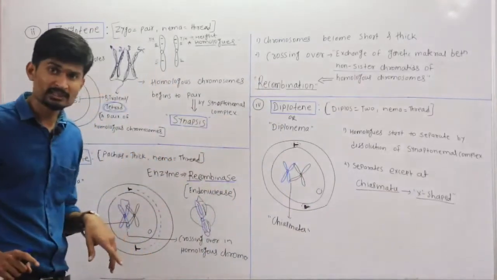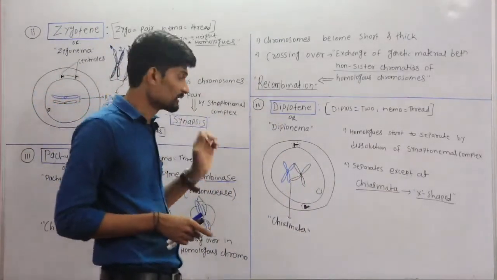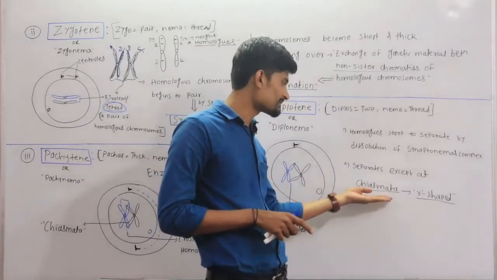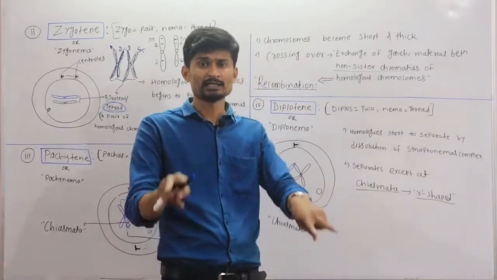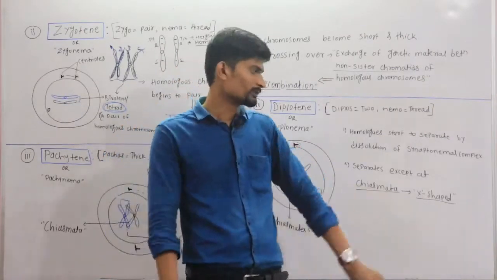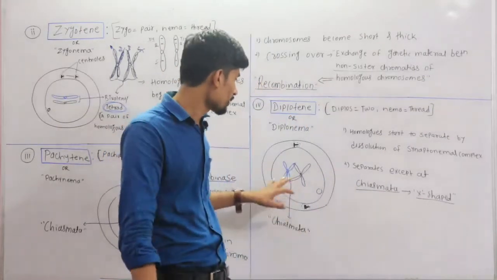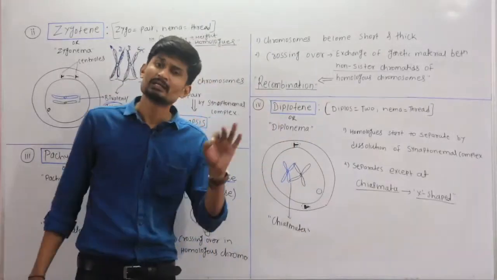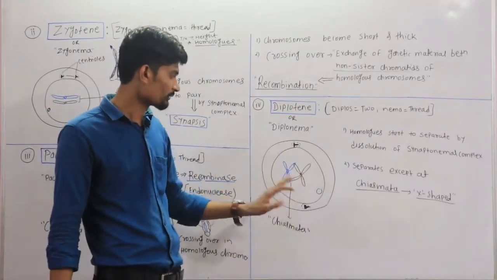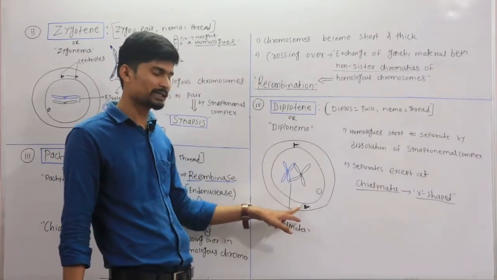In the diplotene stage they are not completely separated; they are separated except at one point, the chiasmata, and that's why they look like an X-shaped structure. We will observe the X-shaped structure of the chromosome during the diplotene stage. So this is the chiasmata. Now the centrioles have completely migrated to the opposite poles.